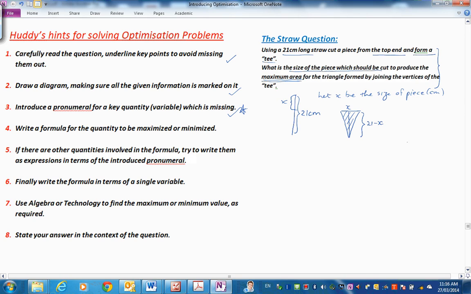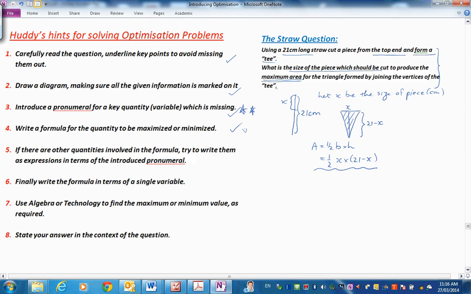So we're down to that. We've introduced a pronumeral. Write down a formula. Oh yeah, we did that before. The area of a triangle is a half base times height, which is a half x times 21 take x. And we're well on the way. We've been able to describe what will happen in all cases of x.